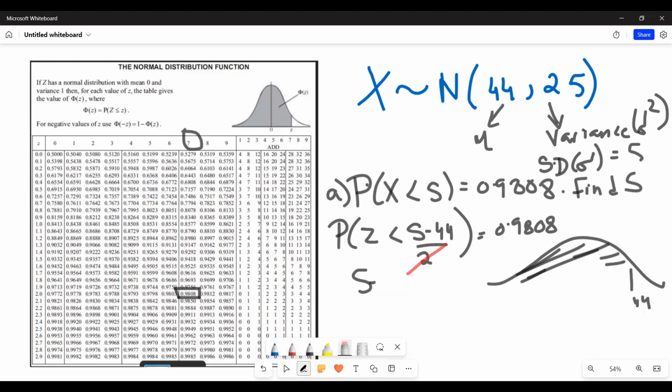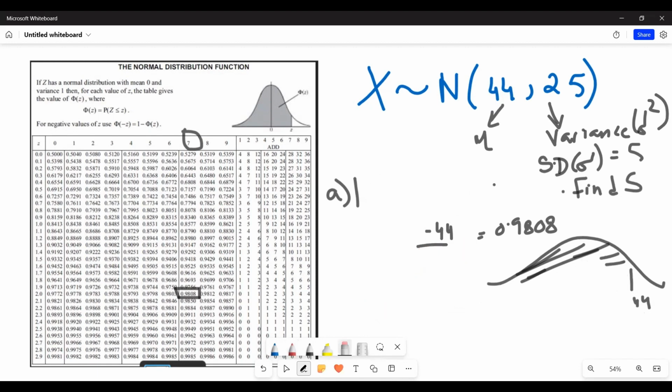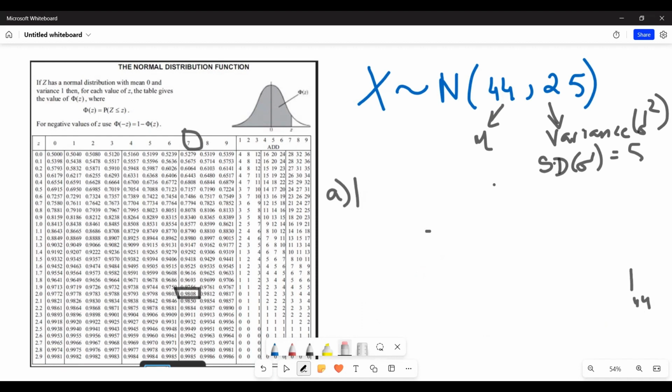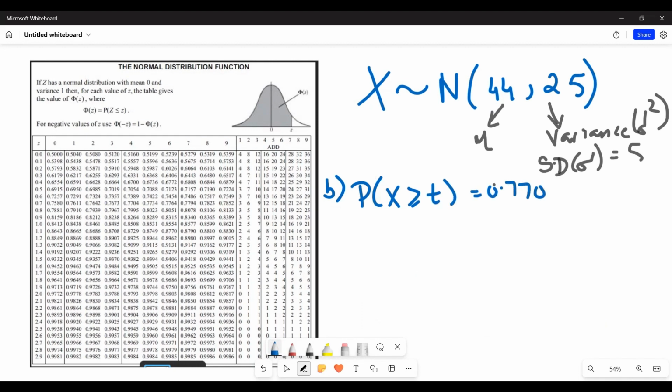Okay. Next part is probability x is greater than t equals 0.7704. Okay, so probability z is greater than equals to t minus 44 upon 5 equals 0.7704.